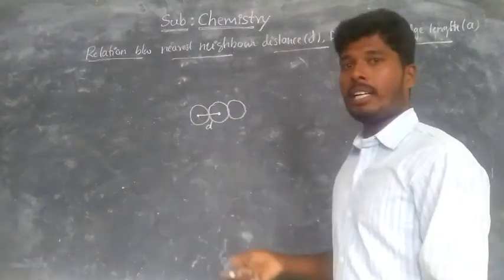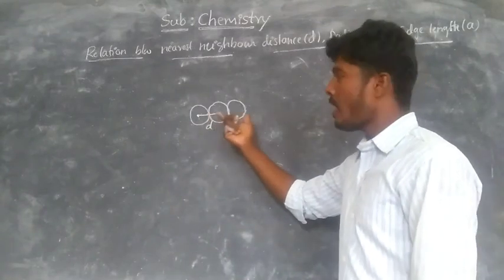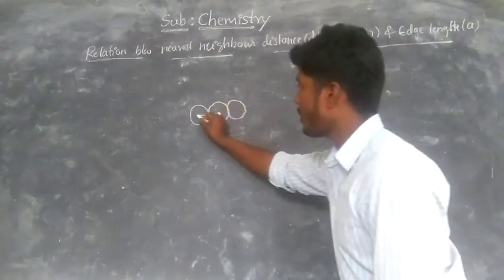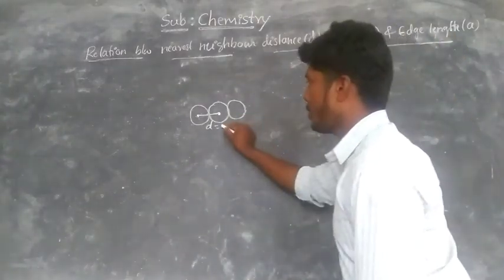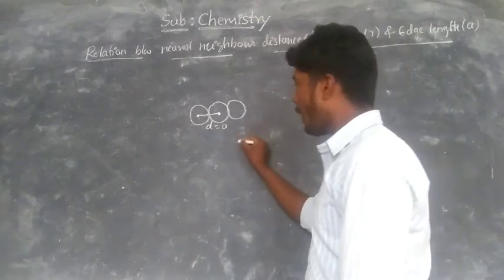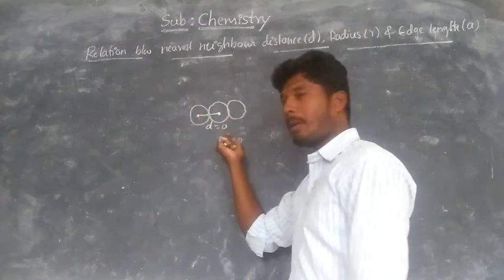In a simple cubic lattice, the nearest neighbor distance d is nothing but the edge length a. So in a simple cubic or primitive cubic crystal, the nearest distance is nothing but a.